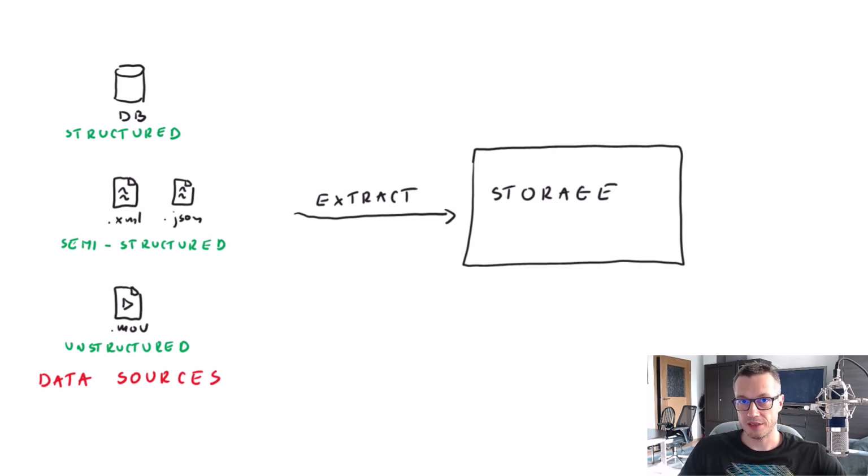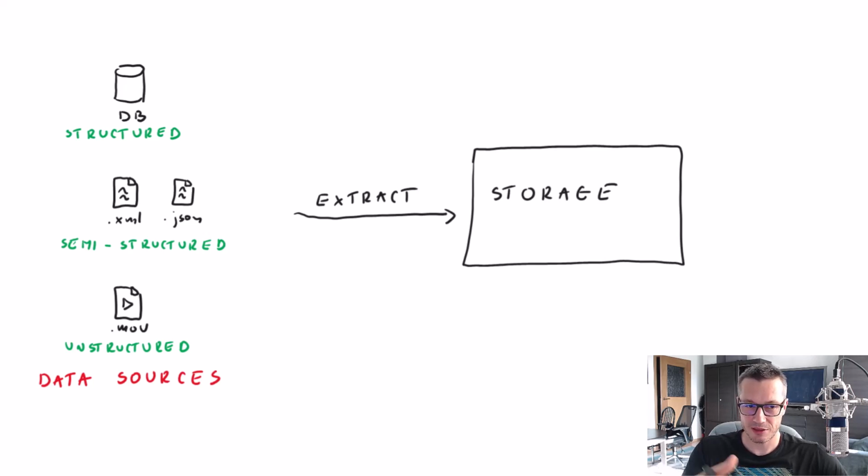And now, in the past, when we used this traditional relational data warehouse approach, we would use just a database as the storage layer. So we would have tables with columns, data types, just fixed schema. And for some time it worked, as long as we had to process structured data only.